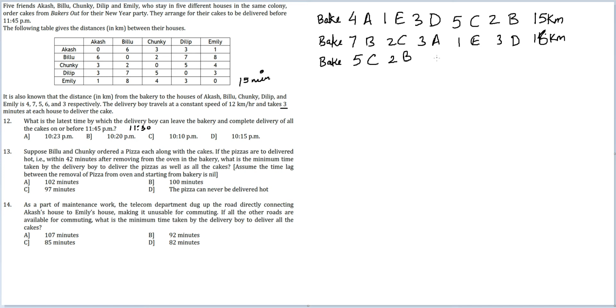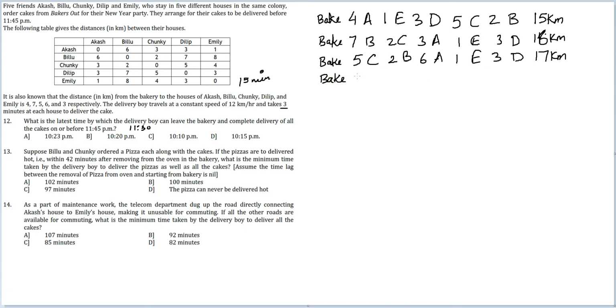Akash is the smallest distance, so Akash, 6. Then Akash to Emily, and then Dilip, same like the first path. So how much distance is this? 5 plus 2, 7, 7 plus 6, 13, 13 plus 4, 17 kilometers. So this is also an inefficient path.